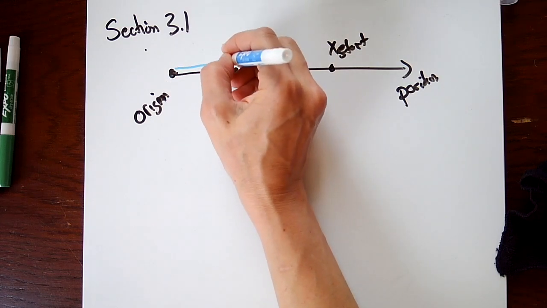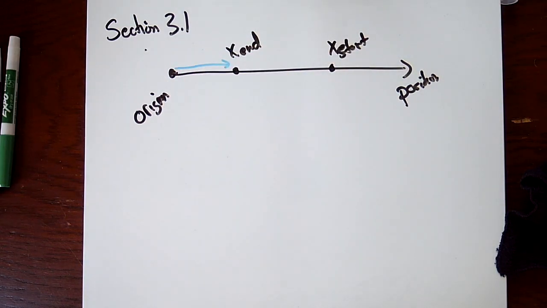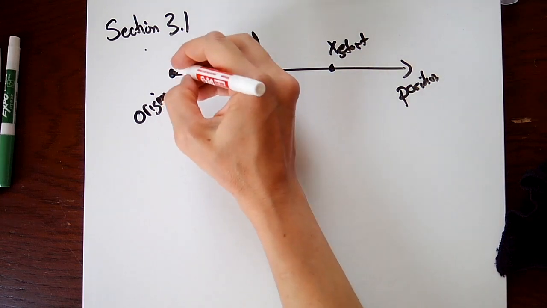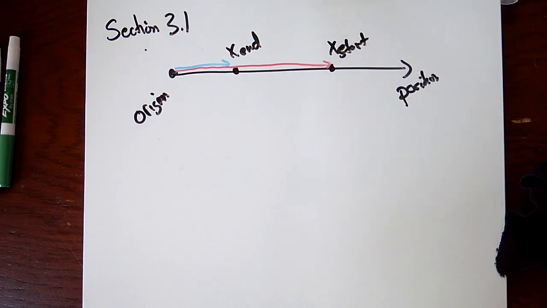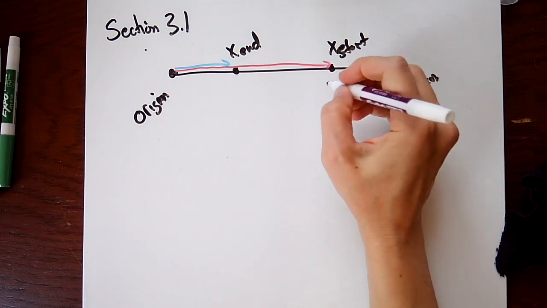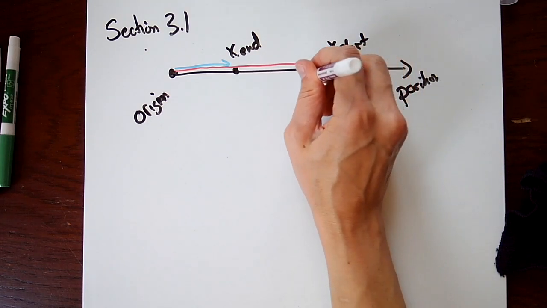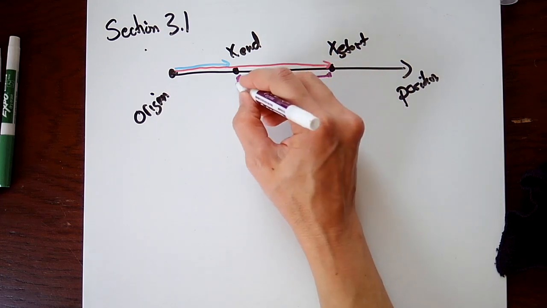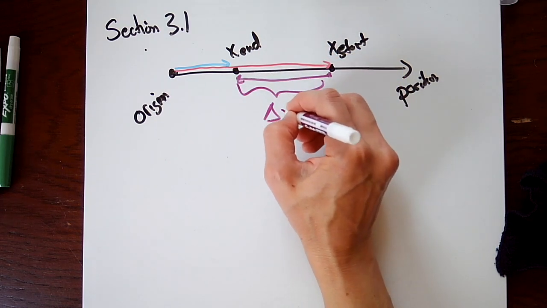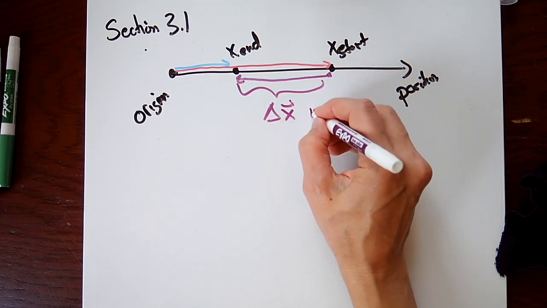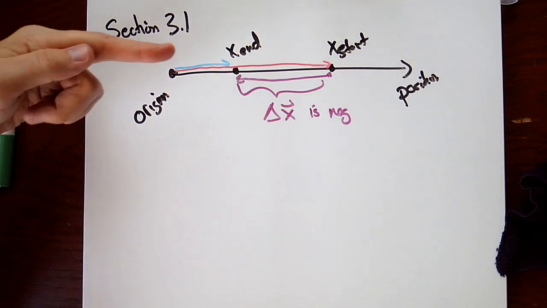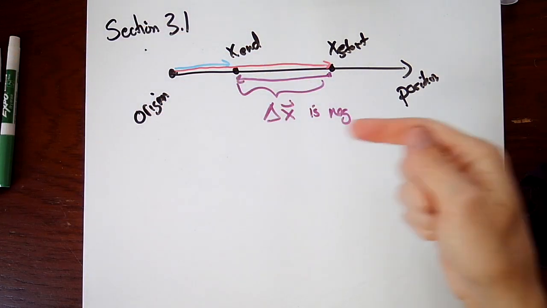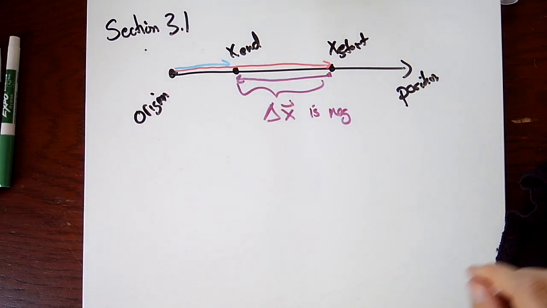They are both in the positive direction from the origin. But our displacement vector, where we start at our starting position and travel to our ending position, is negative in this case. So positive direction means positive vector, negative direction means negative vector.